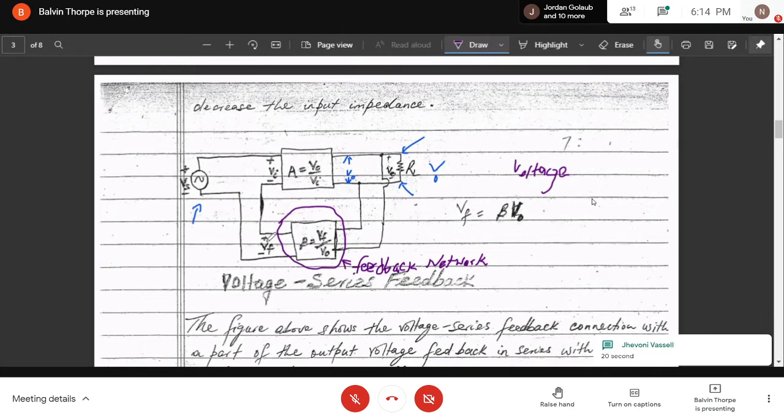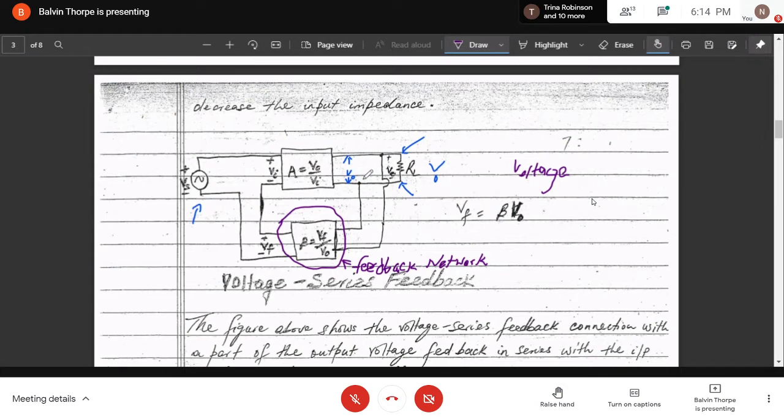The output of the feedback network is connected in series. See? It's not across anything, it's in series with the input voltage.